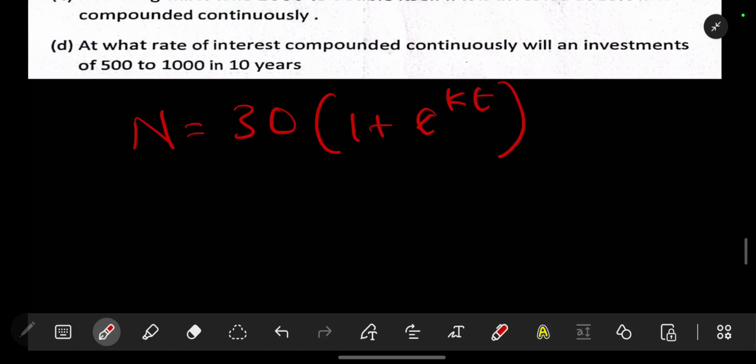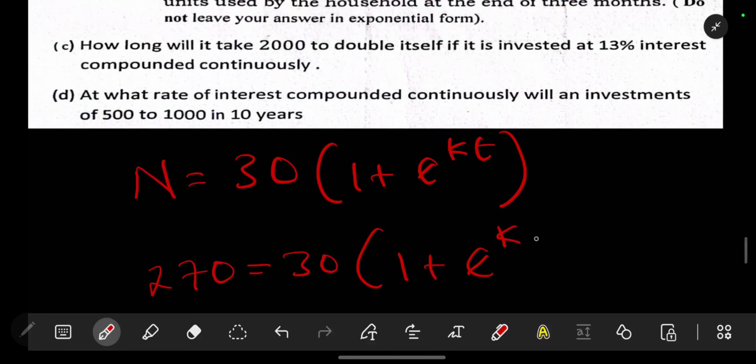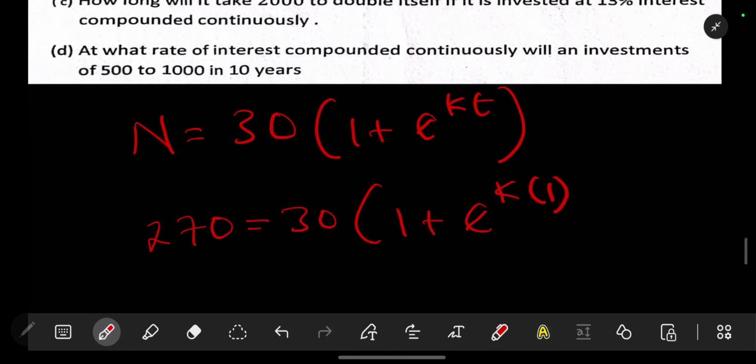So we can say our n is 270, which should be equal to 30 times 1 plus e to the power k, with our time being 1 month.